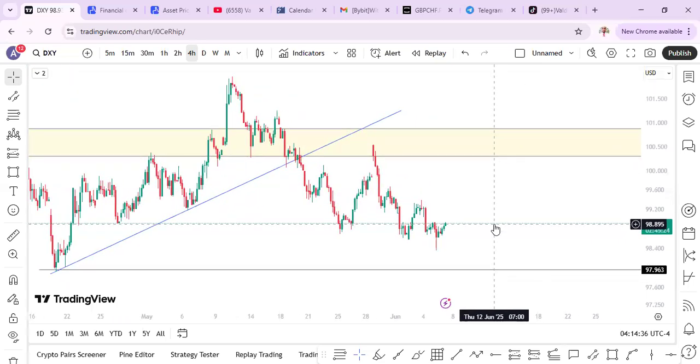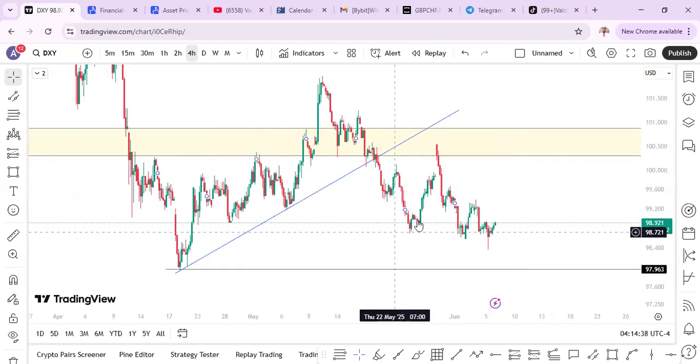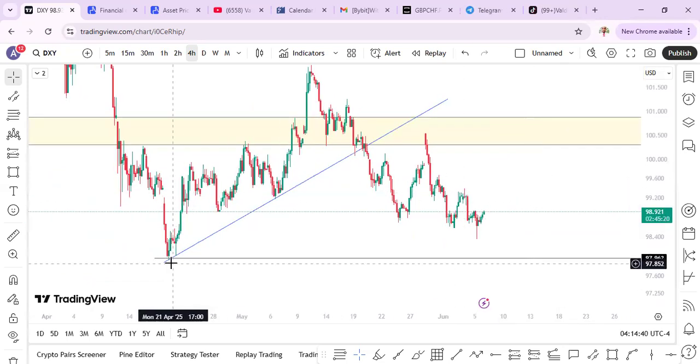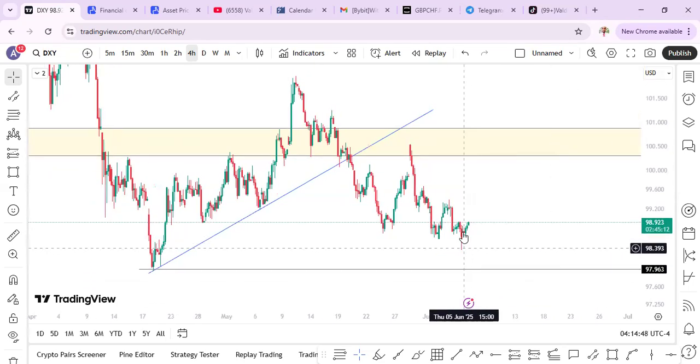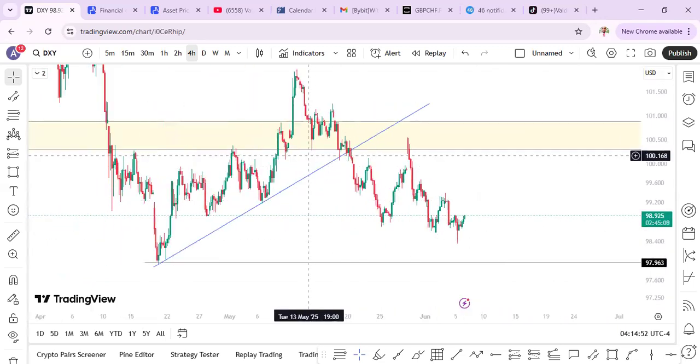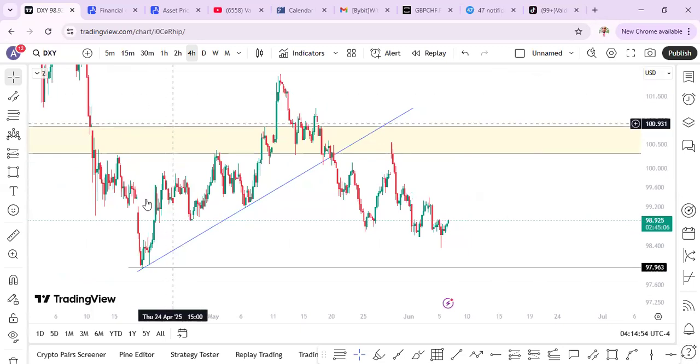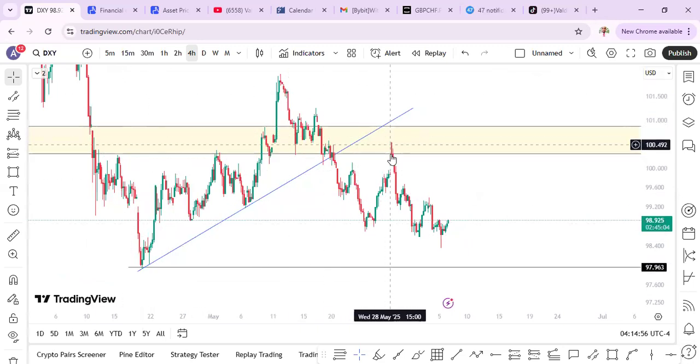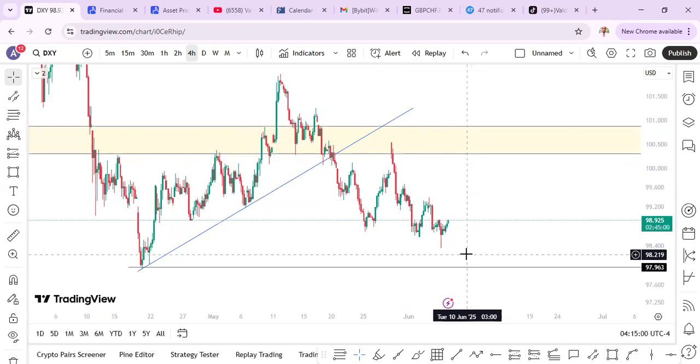On DXY, I'm still hoping our price will mitigate this swing low because there is a lot of liquidity sitting on this swing low. Currently, you can see how price breaks out, then we have price coming down slowly.